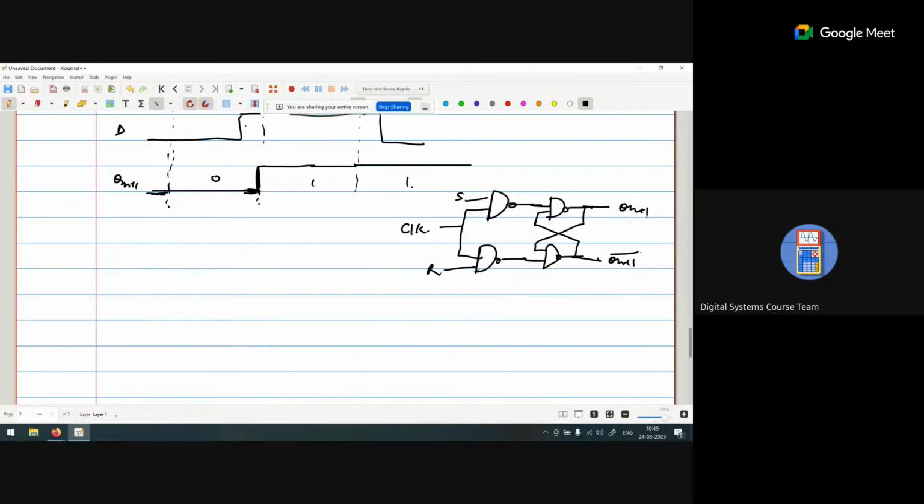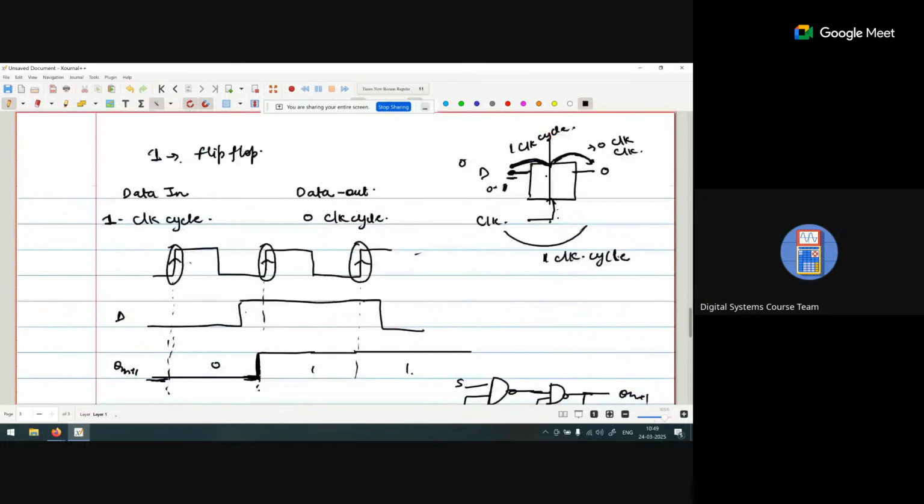For entering we require one clock pulse signal, and when the data has entered, we get the output without any clock pulse. Is it clear? Any doubt?